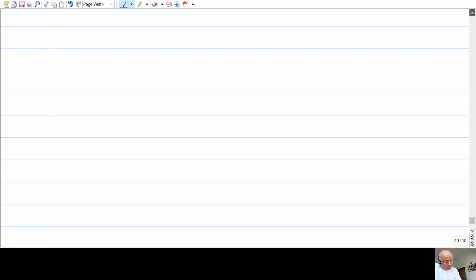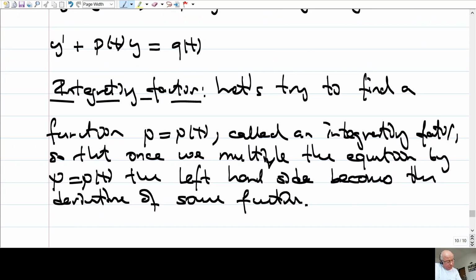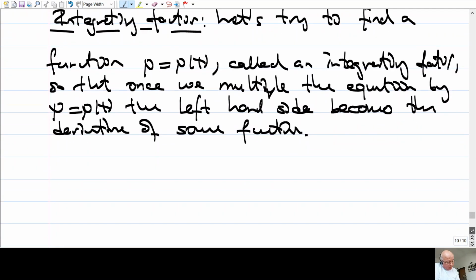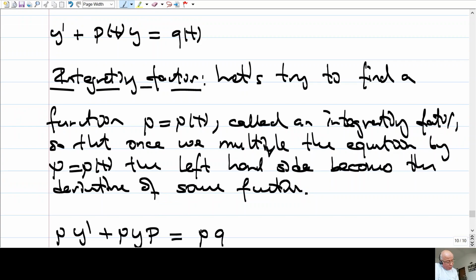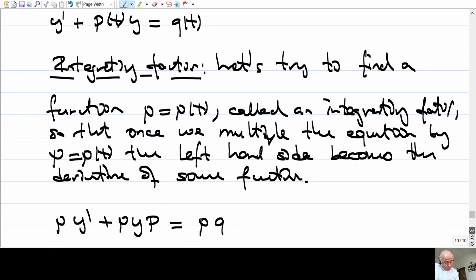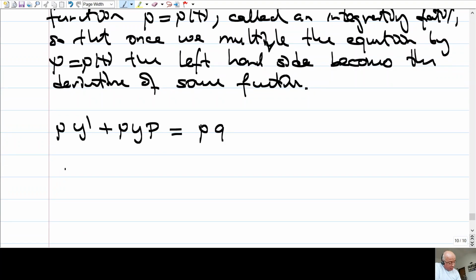Okay, so I have this equation and I multiply this by some function mu, and I hope that this thing becomes the derivative of something, and that something is the following.